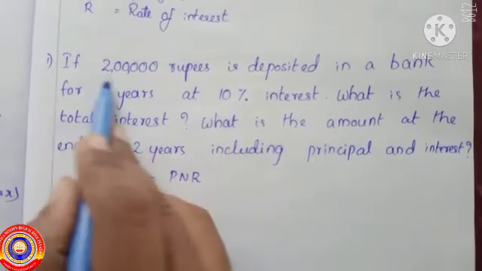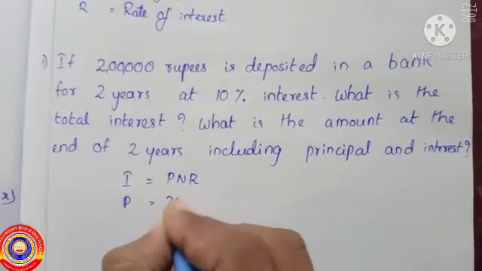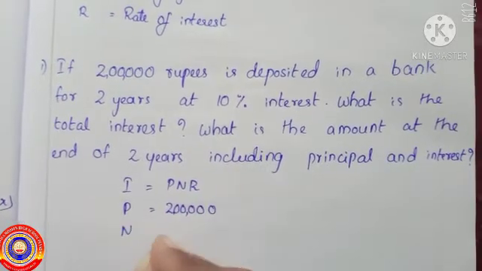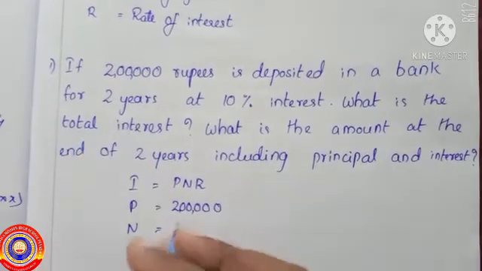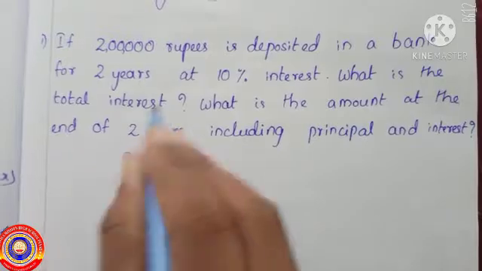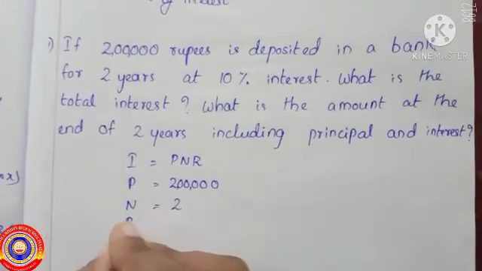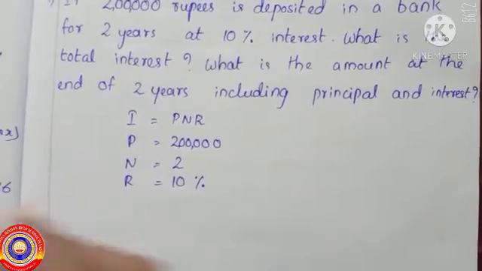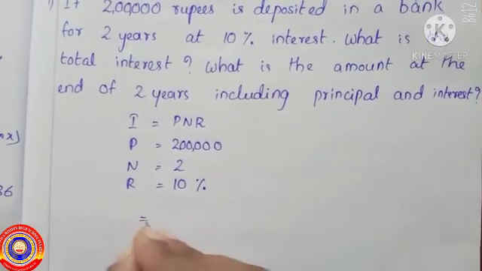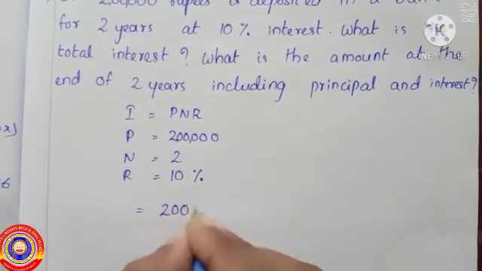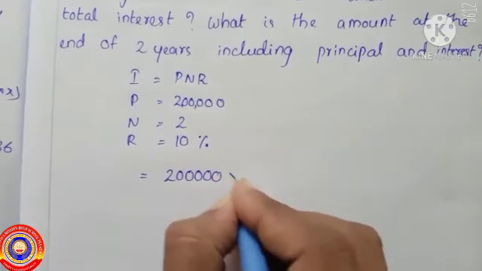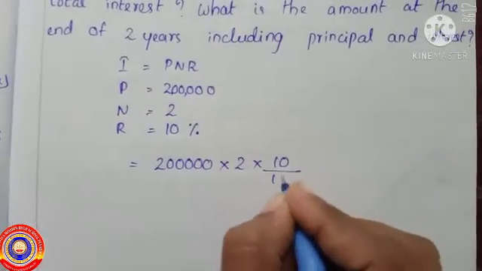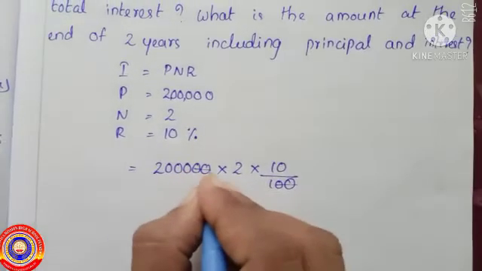Here, P is equal to 2 lakh rupees and N is number of years, that is 2 years, and R is 10% interest. That is equal to 2 lakh into 2 into 10 by 100.